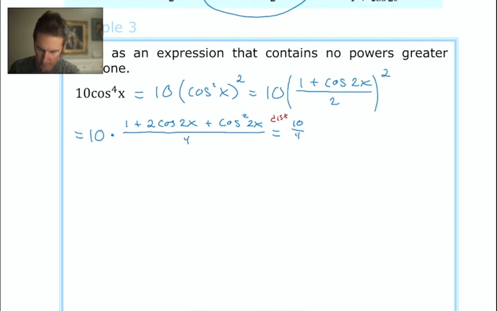So we'll write that as 10 fourths times 1 plus 10 fourths times 2 cosine 2x plus 10 fourths cosine squared 2x. A little bit messy? As long as you're using a sharp pencil and lined paper, unlike what I'm using, you should be able to keep that fairly tidy.